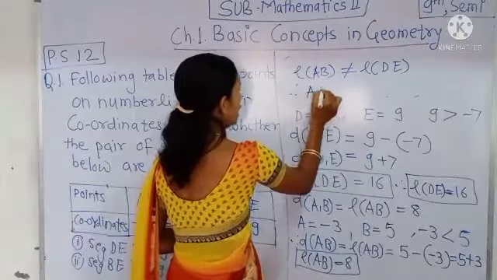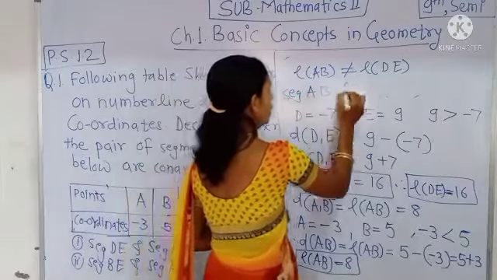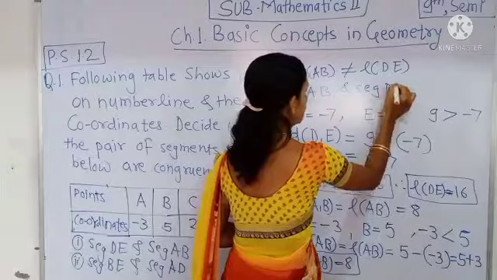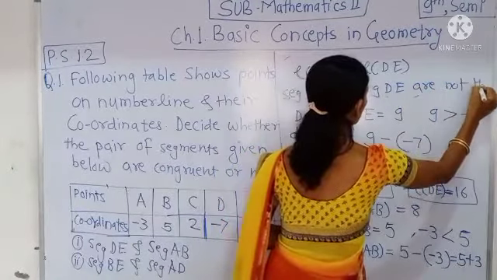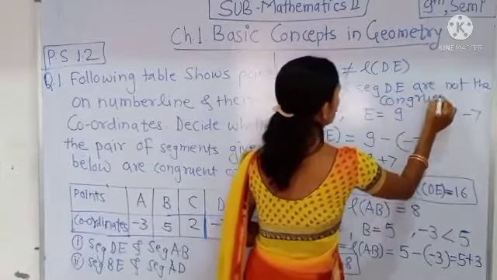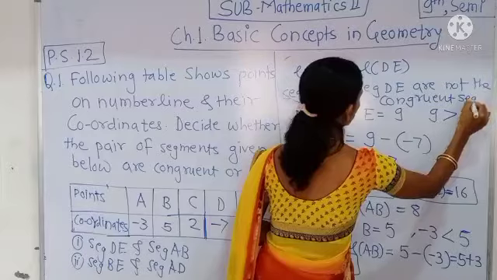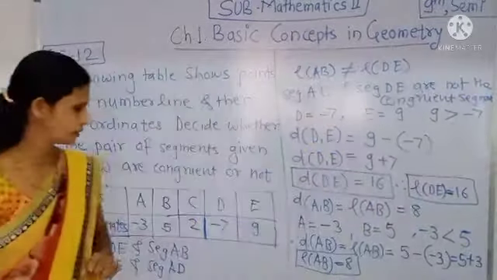Therefore segment AB and segment DE are not congruent segments.